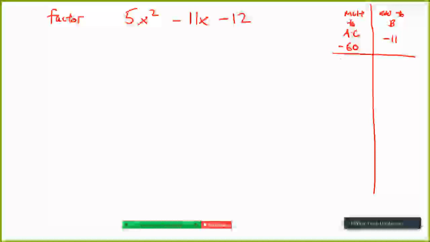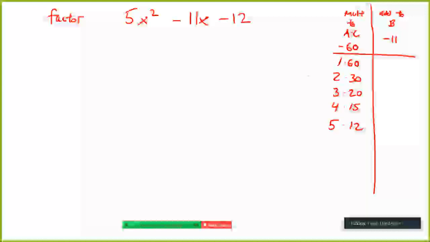So start by just doing the list of positives to see which ones go to 60. So 1 times 60, 2 times 30, 3 times 20. Try doing 4. I think that's 15. 4 times 15. 5 times 12. That's how we got to 60 in the first place.